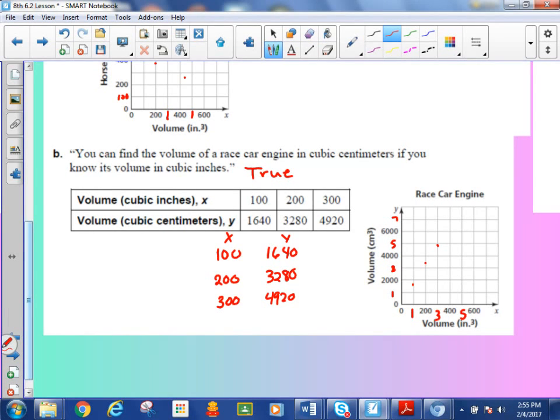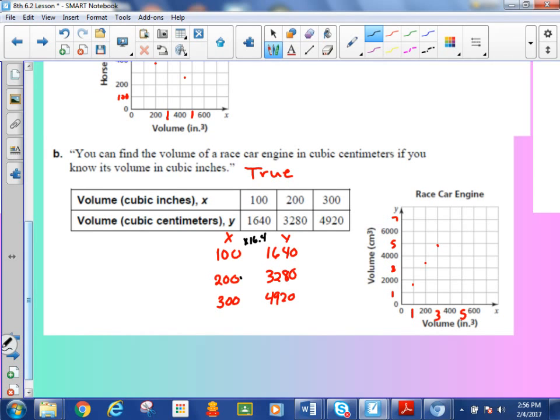Well, if we're adding, it's a huge number. So let's try multiplying first, which is hard to kind of see. So I'm going to work backwards. I'm going to take 1640 and divide it by 100 to see what I would multiply 100 by. 1640 divided by 100 is going to move my decimal over 2 places. So could it be that we're taking it times 16.4? Let's check that on the 200.